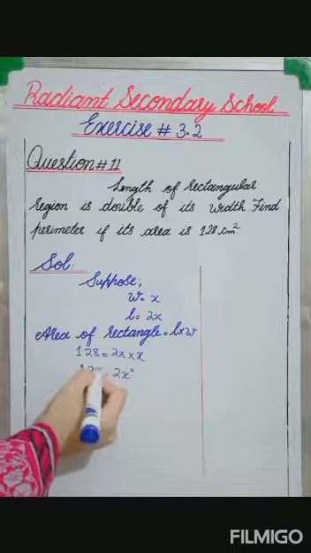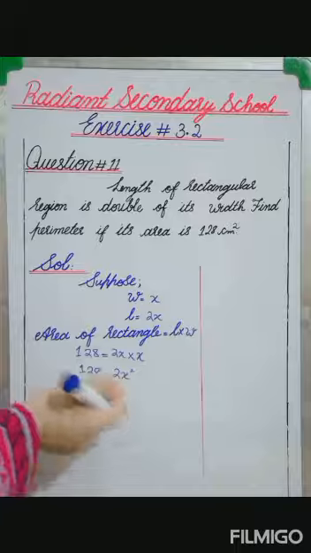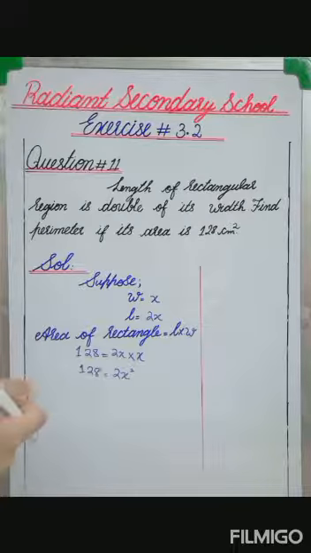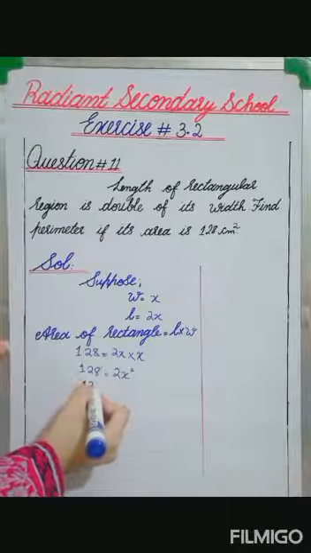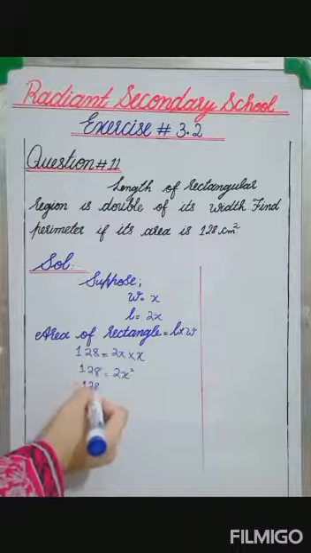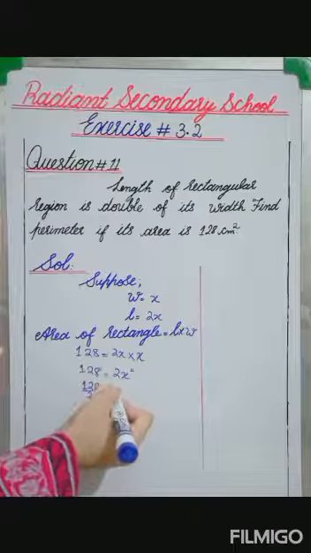Students, now you can see on this side 2 is multiplying. When I shift it to the other side, it will be divided. 128 divided by 2 is equal to x square.